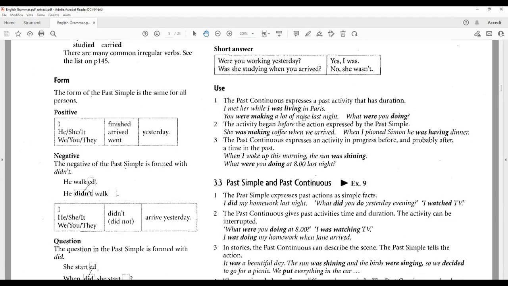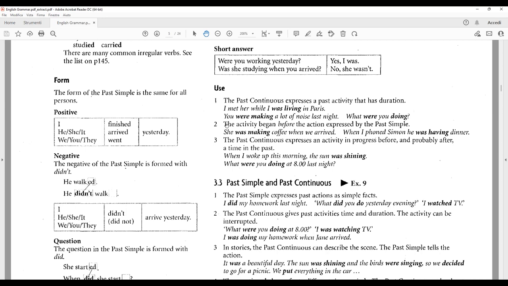You were making a lot of noise last night. What were you doing? The activity began before the action expressed by the past simple.